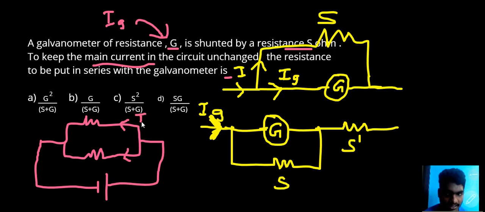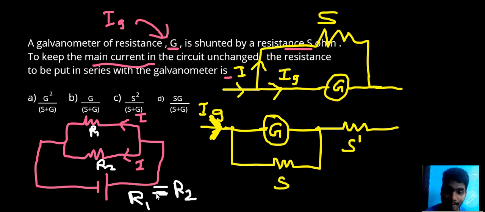When will the current received by the two resistances be the same? Does anyone know, whether this is R1 and this is R2? When R1 is equal to R2, this can happen.